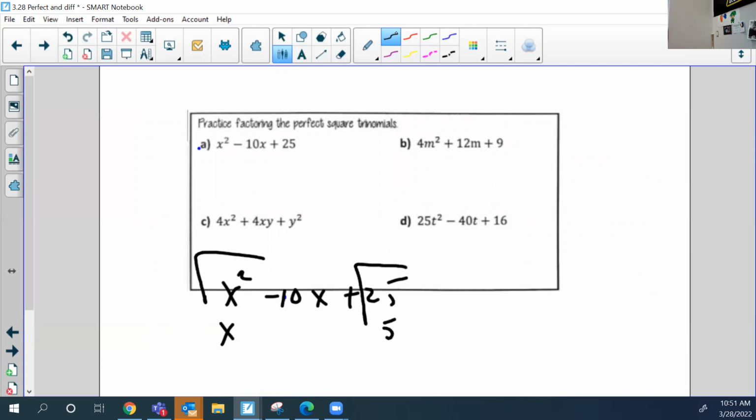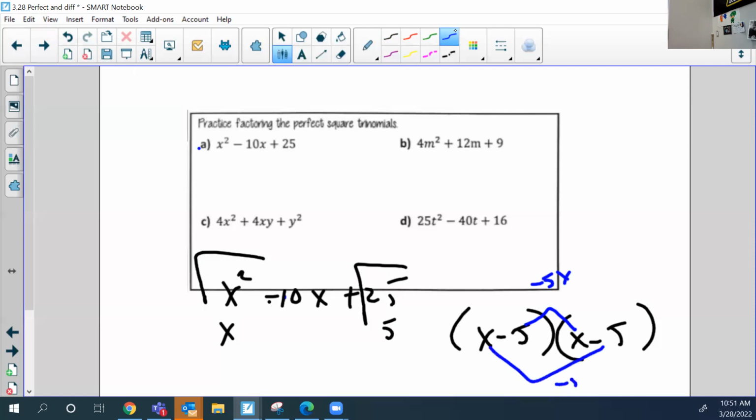That gives me a 5. So I'm going to have x and 5, x and 5. Now, this is a minus sign, so I'm going to have a minus sign here. Let's do my check now. The inside term, negative 5 times x is negative 5x. The outside term, x times negative 5 is negative 5x. And when I add them, that gives me negative 10x. So yes, all right.